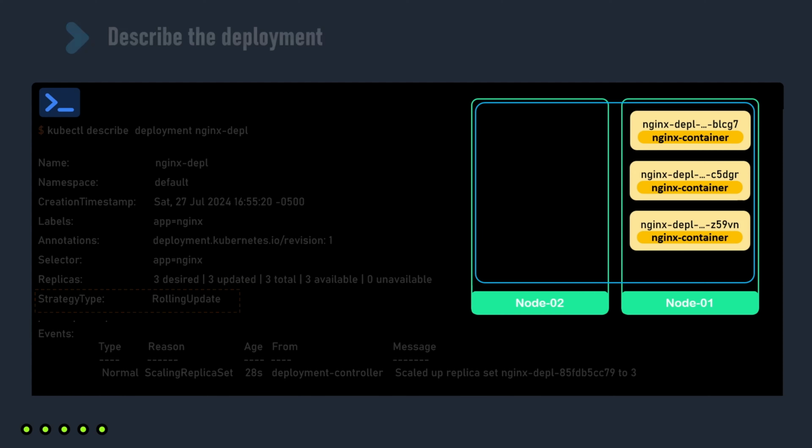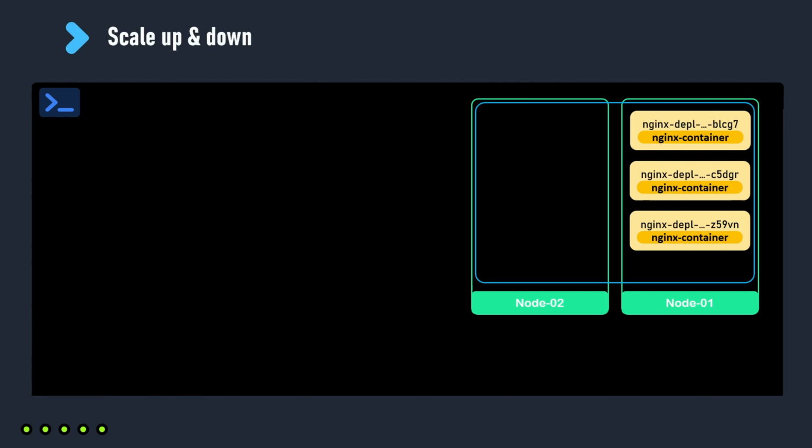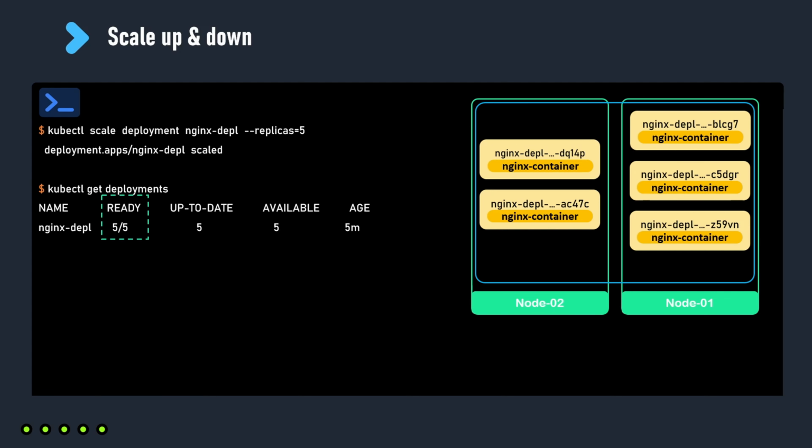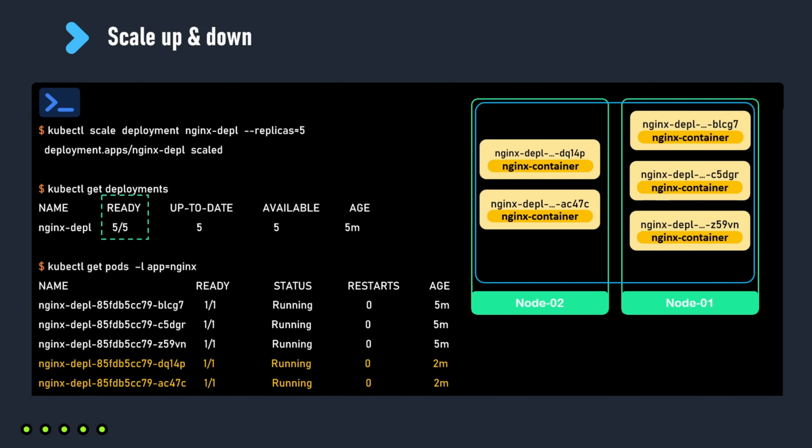When the traffic increases and we need more instances of our application, we can scale up using the kubectl scale deployment command, followed by the name of the deployment and the replicas option set to the number of pods that we want. We can verify if the deployment was scaled successfully either by executing the kubectl get deployments command or by listing the pods having the label app=nginx using the kubectl get pods command.